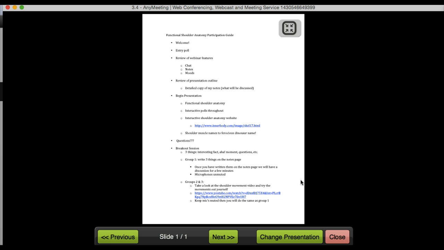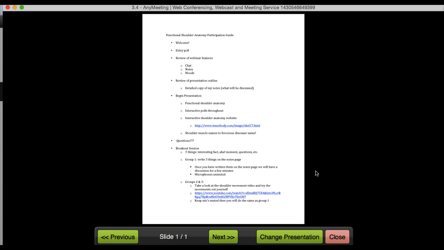Then we're going to go over the PowerPoint presentation. I've included notes for you, which is the script that I'm using with a little more detail than the PowerPoint itself. I didn't want to put too much wording in, so that it would be easier to read and interpret, and it would have a little more flow.